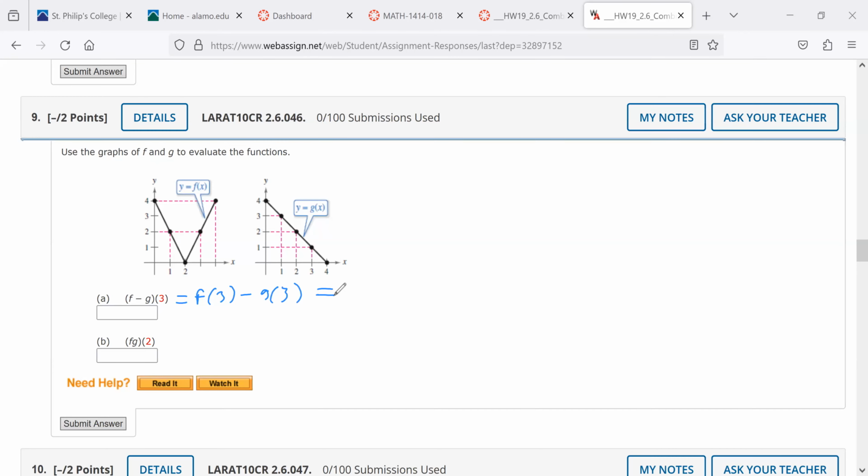But look at the pictures. What is F of 3? Yeah, 2, right? Look at the graph. 3 is right here. So the function at 3 is right there.